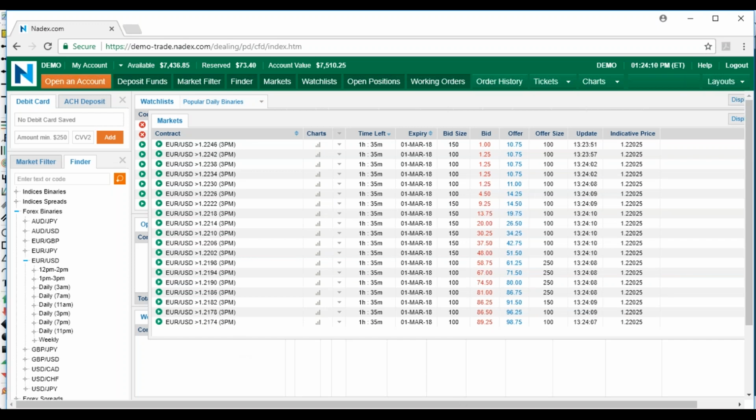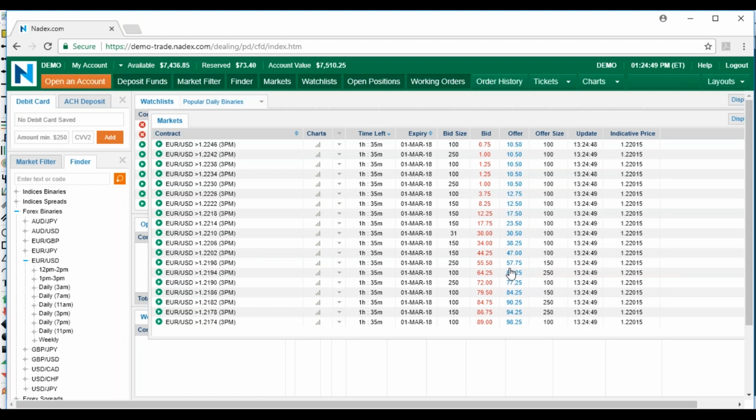Okay. So let me ask you this question. This binary right here, the strike price is $21.94. Notice it's priced in the 70s, because where's the market? 2202. So the market's way above it, right? But if the market came down and the indicative price came down to $21.94 before expiration, where approximately would this binary be priced?